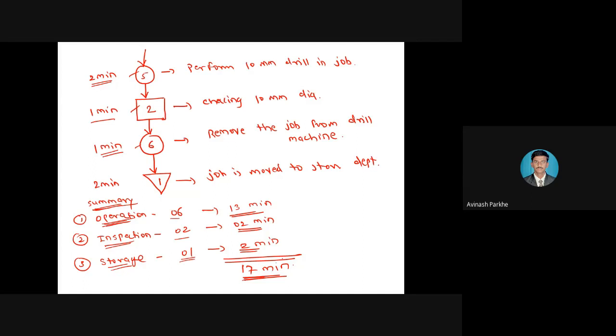So this is your second experiment. That's why I have given one example, and through that example I have explained this operation process chart for the drilling operation. So this is your second experiment.